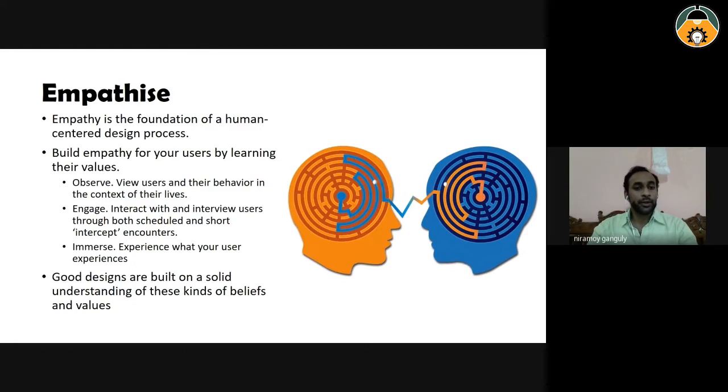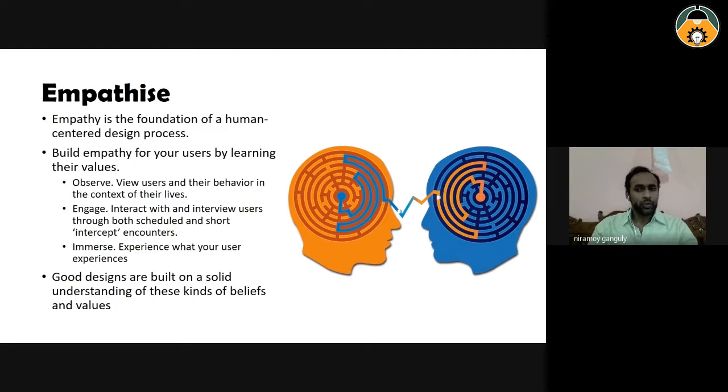This can be done through observing the user's behaviors in their lives and interacting with them, engaging through interviews and scheduling certain short encounters. Another way is also to immerse yourself as a user as well, so that you get to find an understanding and put yourself in the shoes of a user of what they would want.